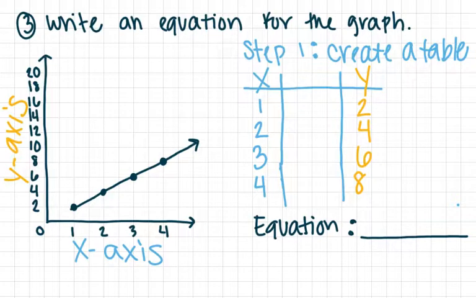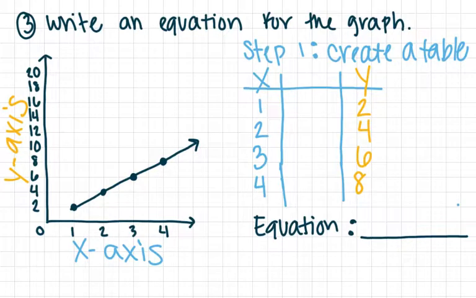Now, to write an equation, you have to know what's going on in the table. Step number 1 is figure out, what's the rule of my table? What's happening to these numbers? A table organizes your numbers nicely so that you can see that pattern better than just looking at my graph. So what is happening to this 1 to make it become a 2? That's what we're trying to figure out.